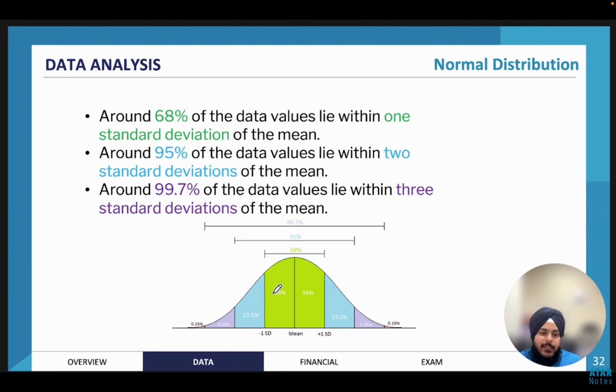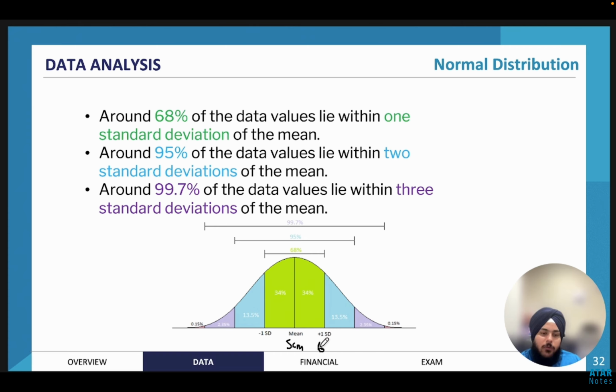So what that essentially means is, whatever one standard deviation is, let's say the mean diameter of the oranges that we were looking at is 5 centimeters, and the standard deviation, or how spread out the data is, is 1 centimeter.